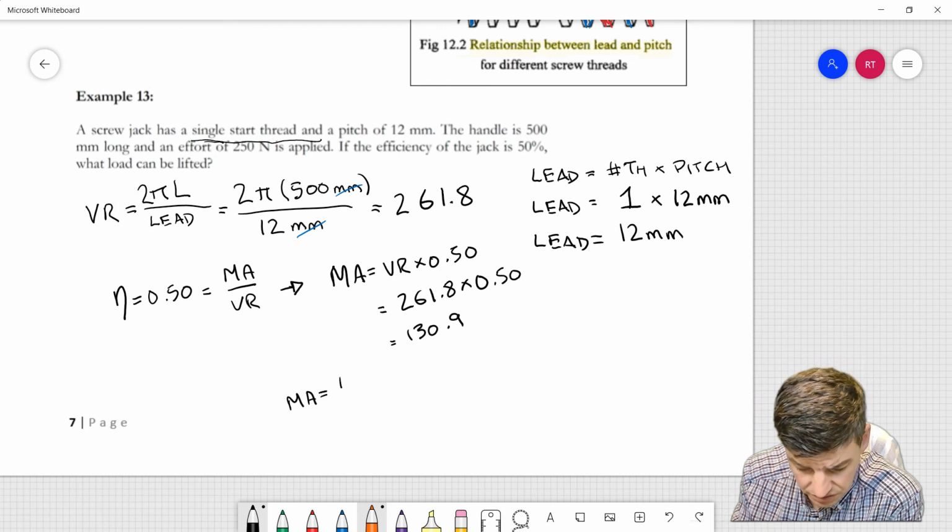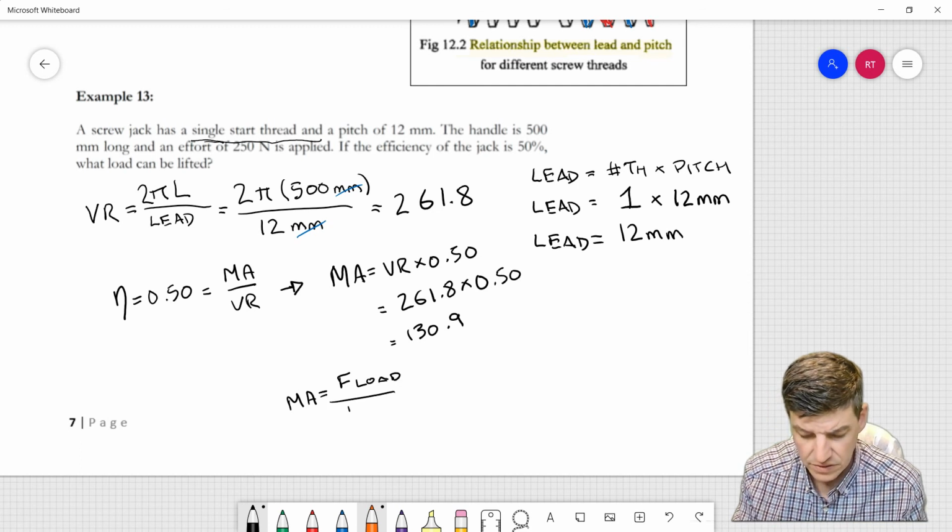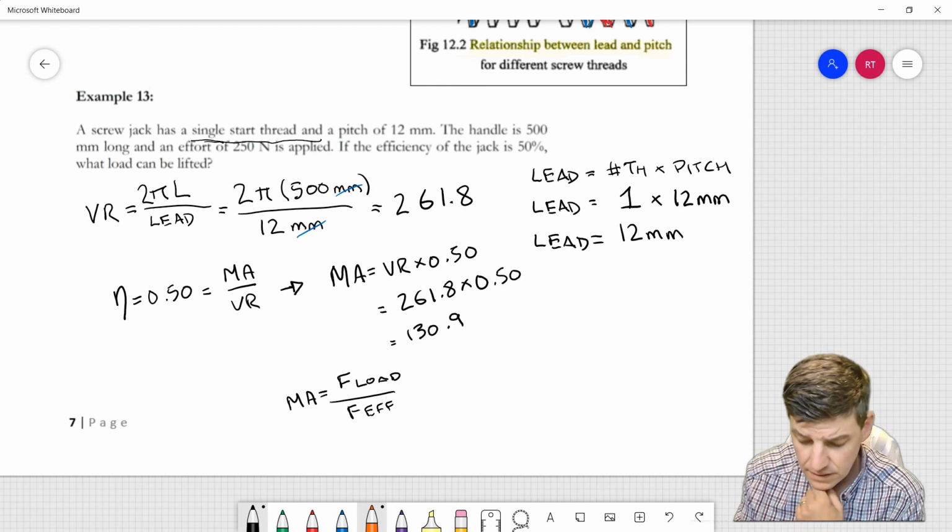MA is equal to the force of my load compared to the force of my effort.